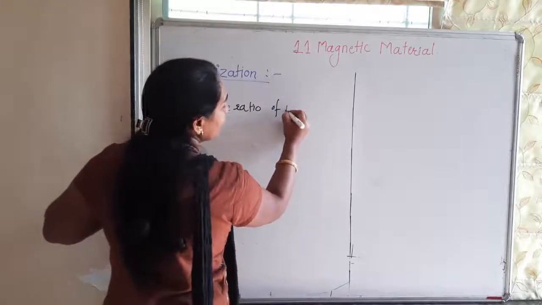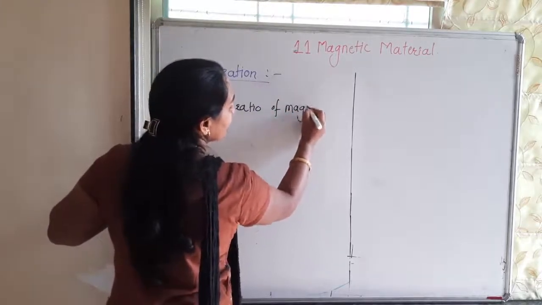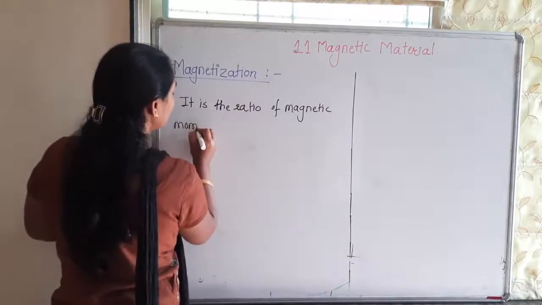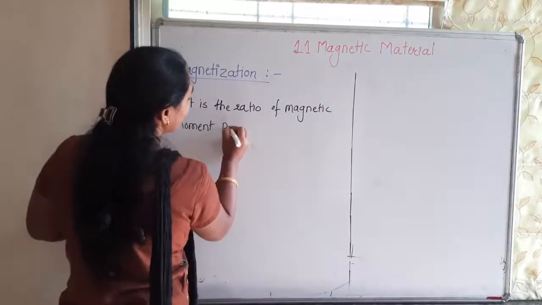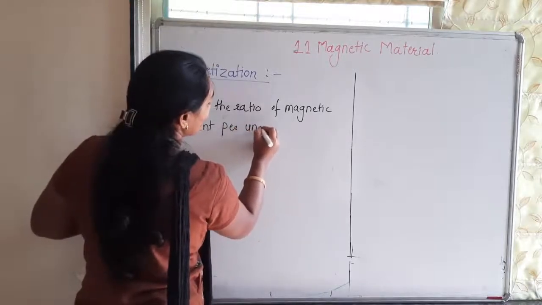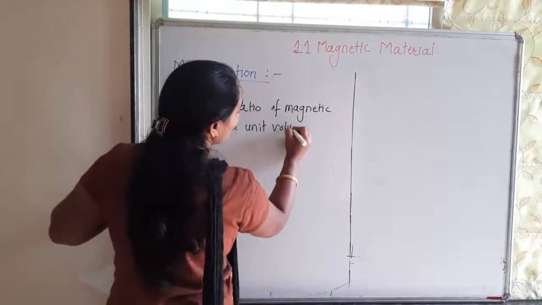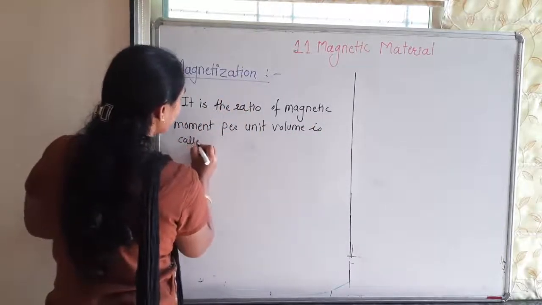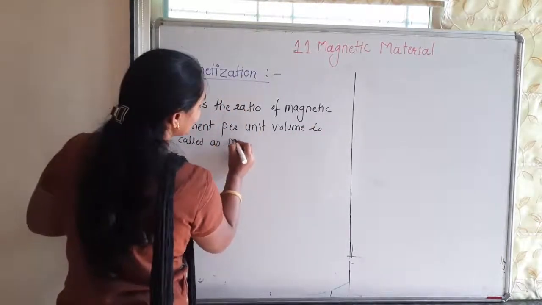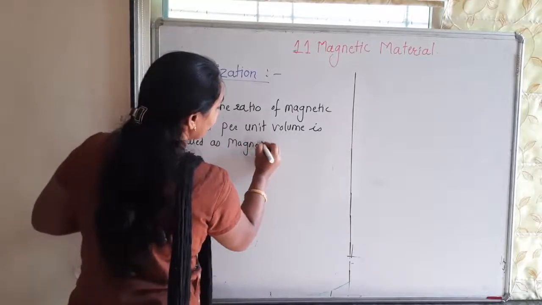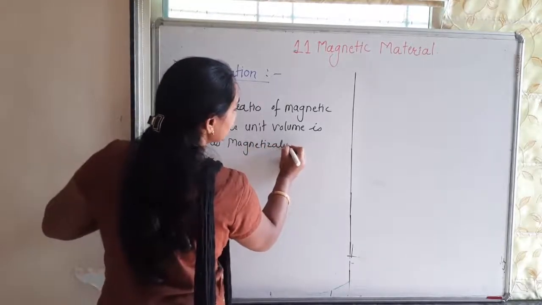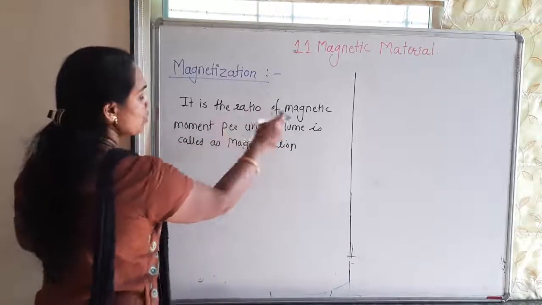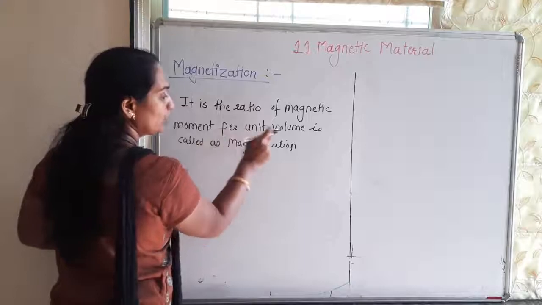Magnetization is the ratio of magnetic moment per unit volume.